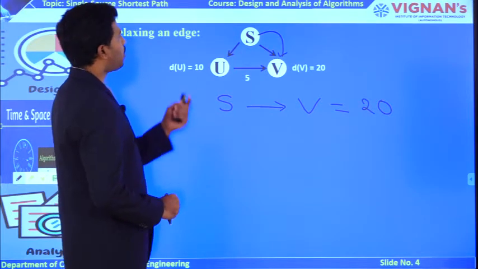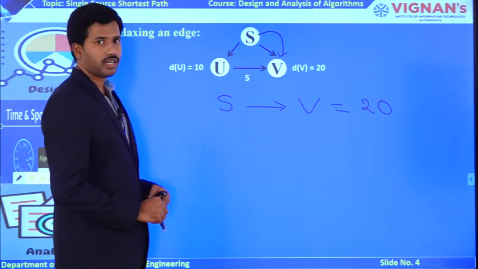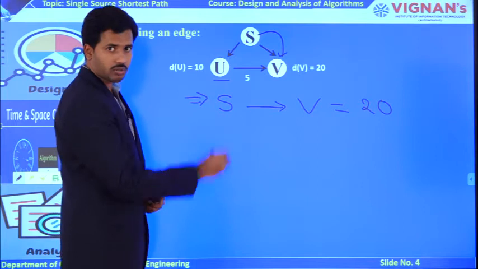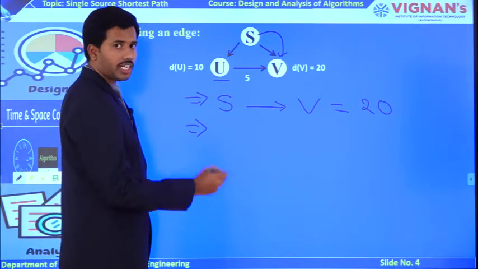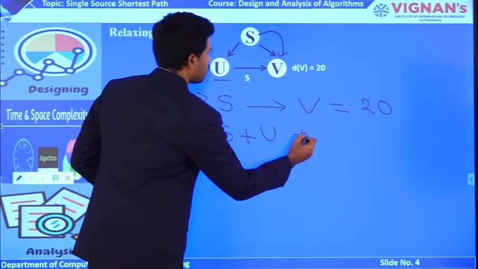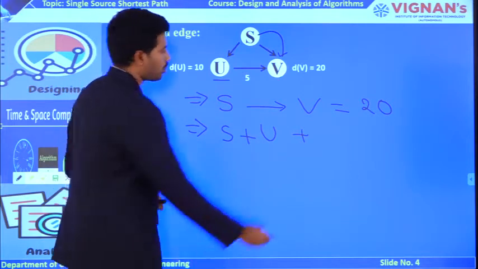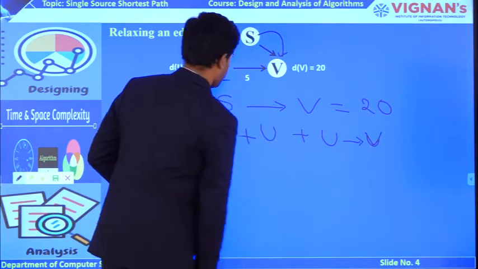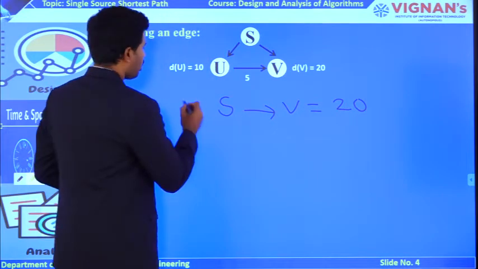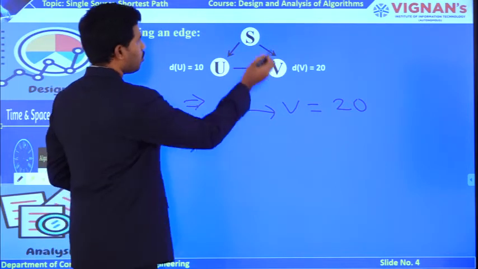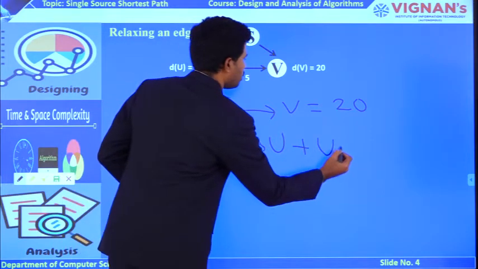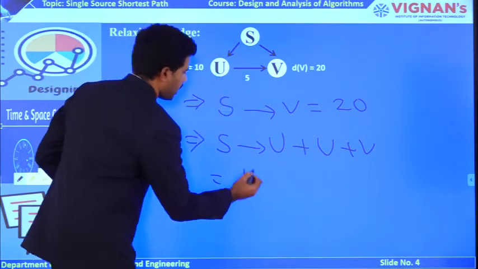With the help of this example, yes, an alternative path is available via the intermediate vertex U. You can reach S to V directly with a cost of 20, and another alternative path is available via intermediate vertex U, moving from S to U plus U to V. What is the cost to reach from S to U? 10, as given in the graph itself.